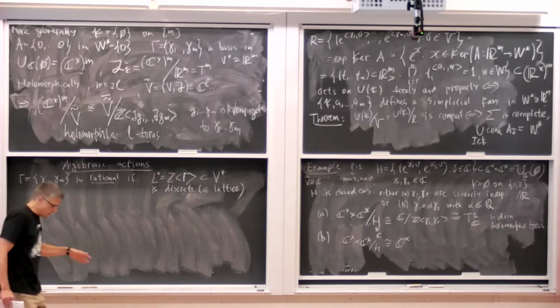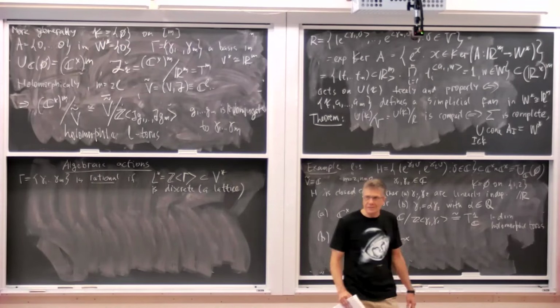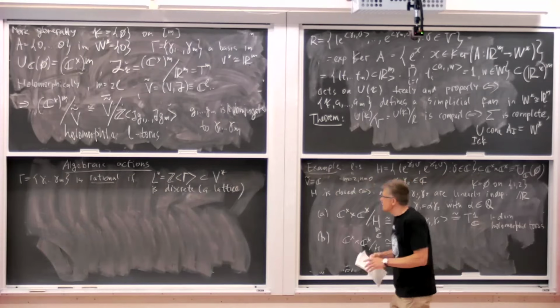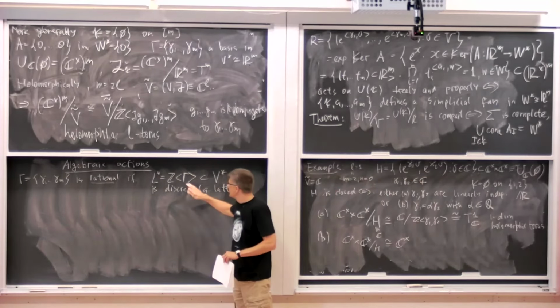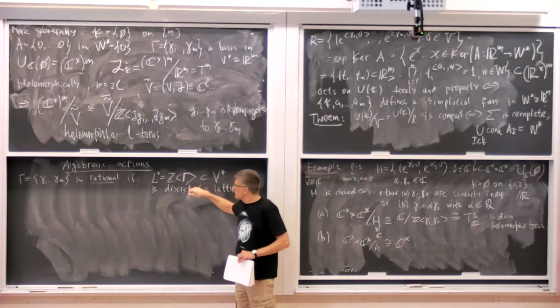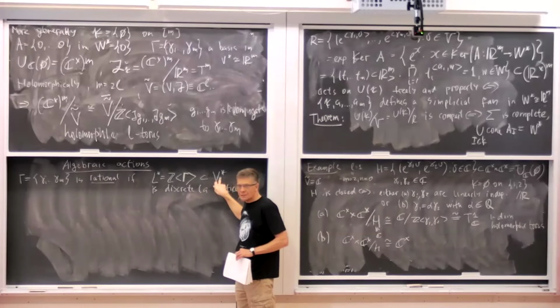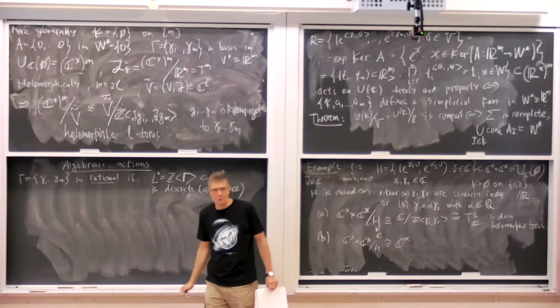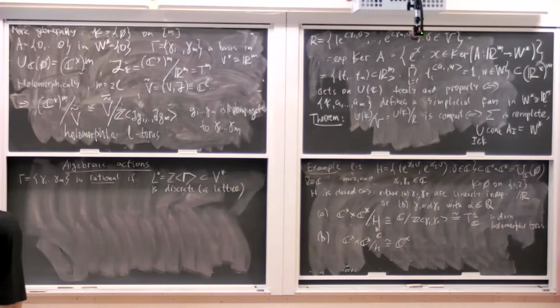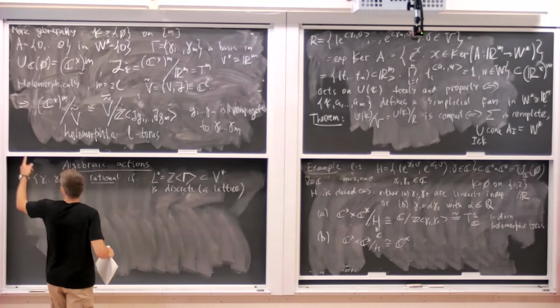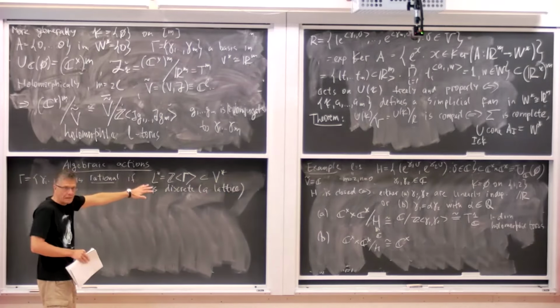But if it is discrete, then we say that this configuration is rational. That basically says that you can choose a basis in this ambient vector space so that those vectors have rational coordinates, but that's an invariant way of saying it. And because the R span is the whole space, it's a full rank lattice.